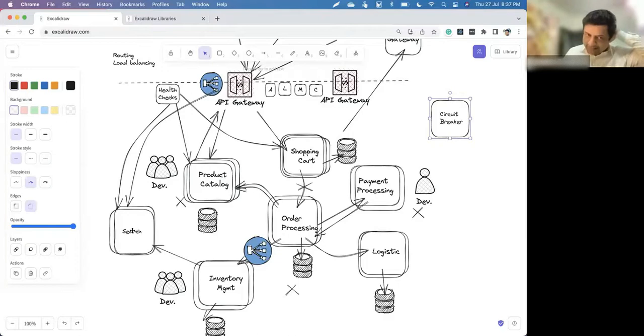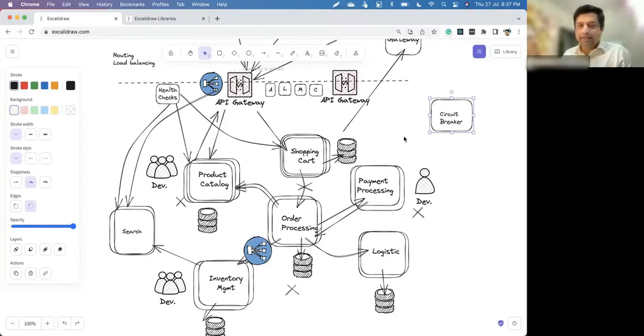So for example, search service may be down. It may lead to some other problems also, because all the microservices are dependent on each other. So you may not be able to fulfill the request of other services also if one service is down, right? Then in that scenario, the best approach is to implement a circuit breaker, right?